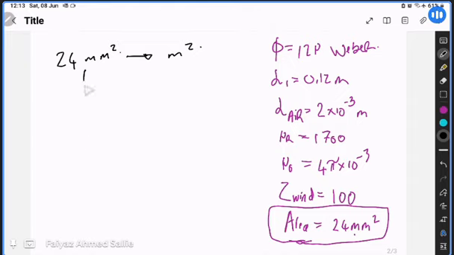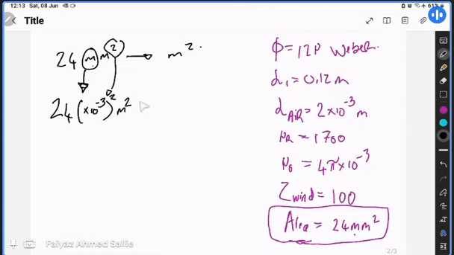So to convert that, we are going to the engineering table, and I think most of you have to memorize the engineering table. For millimeters, we know that it's 10 to the negative 3, correct? So we're going to take the square and put it there, times 2 meters squared.